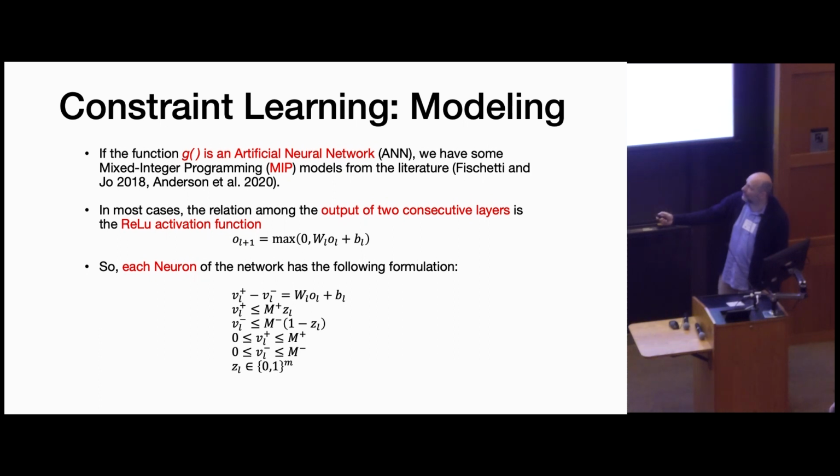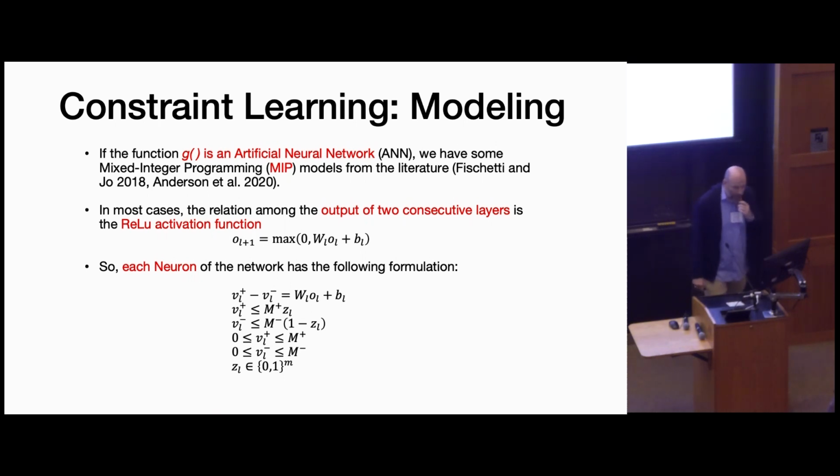At any layer L plus 1, the ReLU is deciding whether to pass the information: it passes it if W_L times the layer before, plus the bias, is greater than 0, and does not pass it if it is smaller than 0.